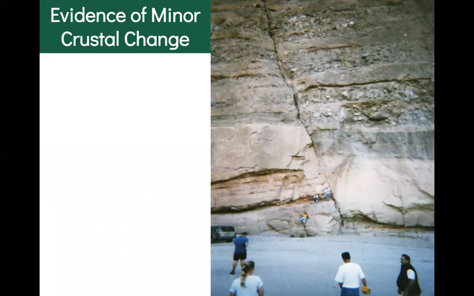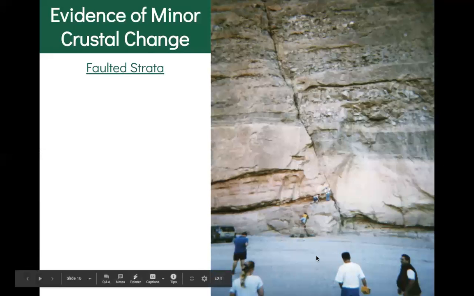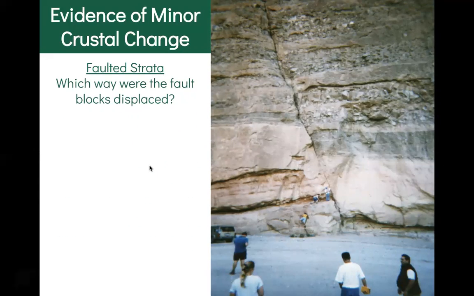Another example of minor crustal change would be faulted strata. We had our horizontal strata that you can see right here, and we have a big giant fault running through it. Just for size and scale, you can see a couple of little people climbing up that rock. When we look at this, we know that the rock has been displaced, and by correlating, that means matching up both sides of the layers of rock on both sides of this fault.